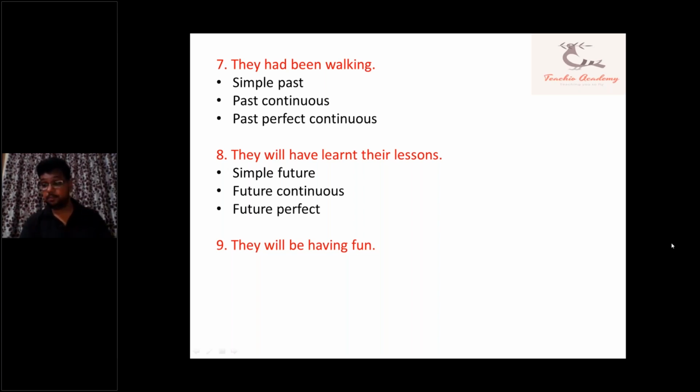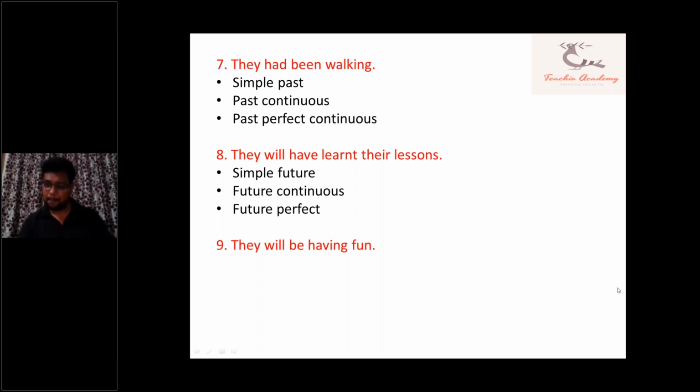No options here. Okay, so Pinky says future continuous. Sahila has also replied future continuous. Nirma, future perfect continuous.